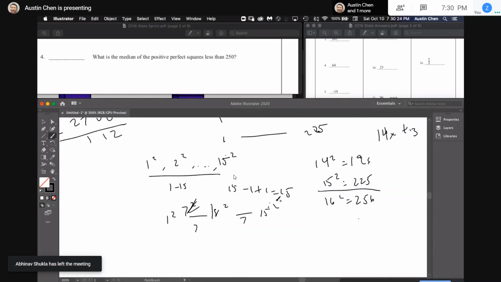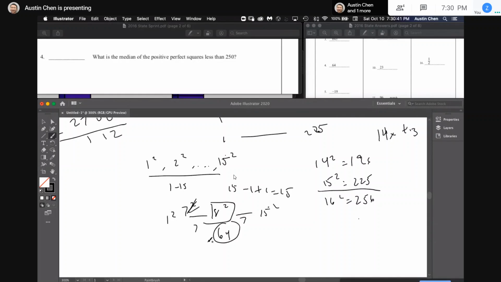Because we have an odd number of numbers, the middlemost number is our median, which is 8 squared. So our median is 64.